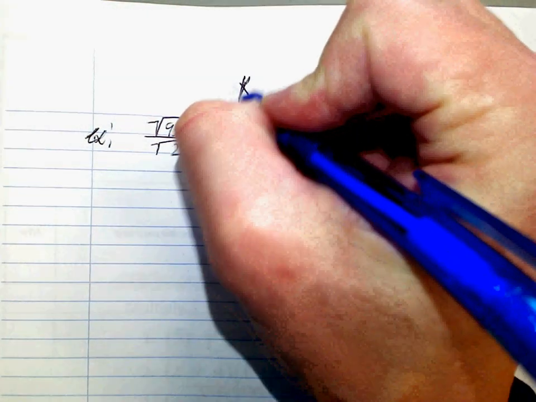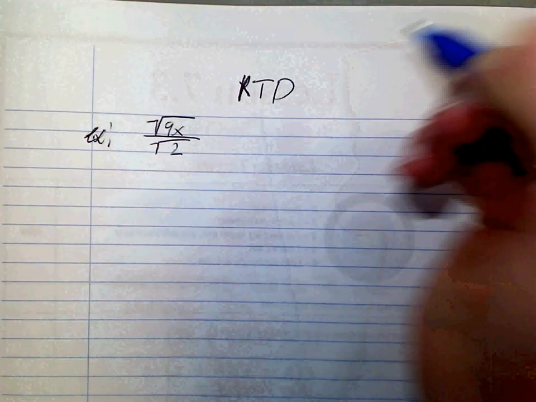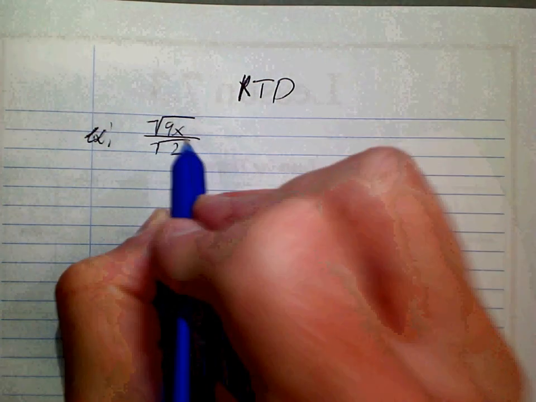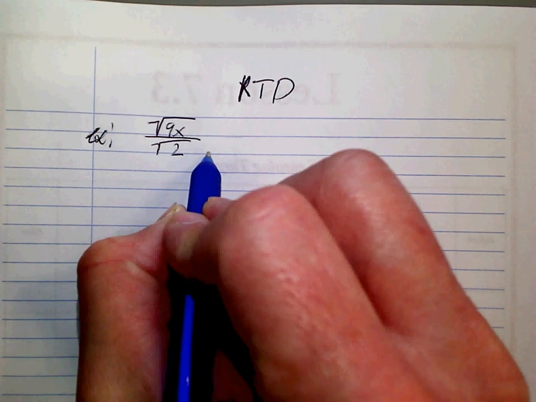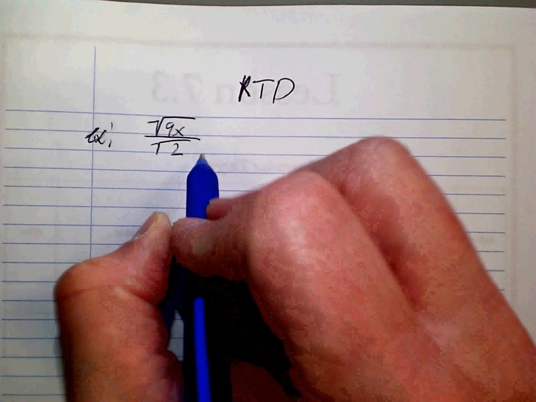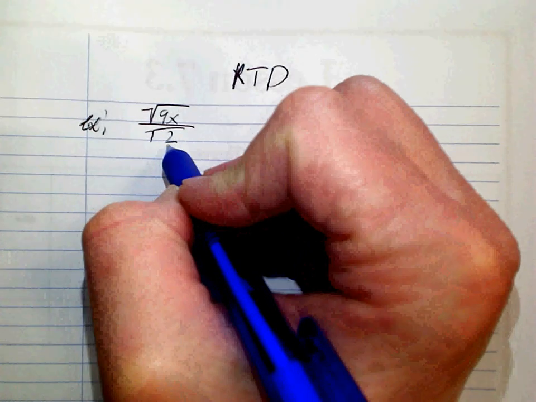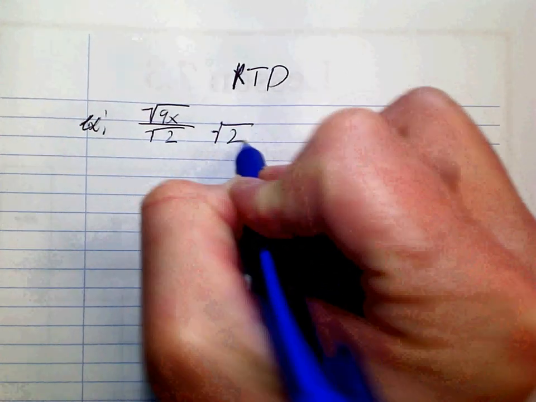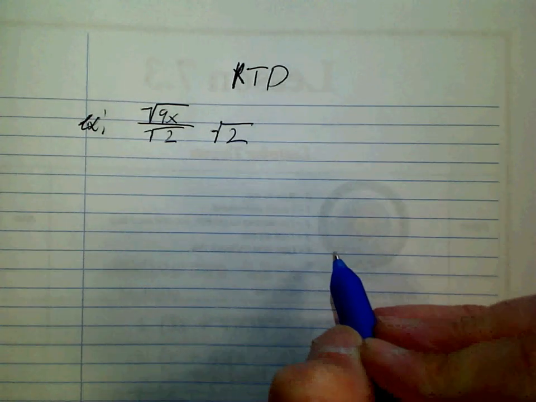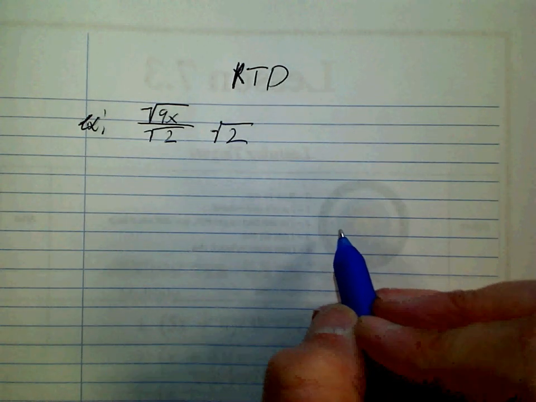So the part of rationalizing the denominator, the RTD, I can take the denominator times something so that it's no longer a radical. I don't know what the square root of 2 is, but if I took the square root of 2 times the square root of 2, what do you think it equals?